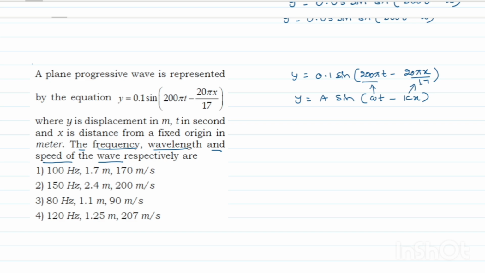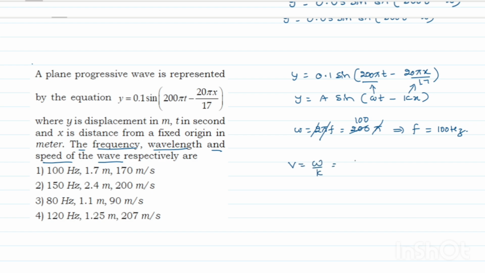Omega is 2 pi f, which is given as 200 pi. The pi gets cancelled, and 2 cancels with 200, so the frequency is 100 Hz. Next we need to calculate the velocity of the wave. V equals omega by k.